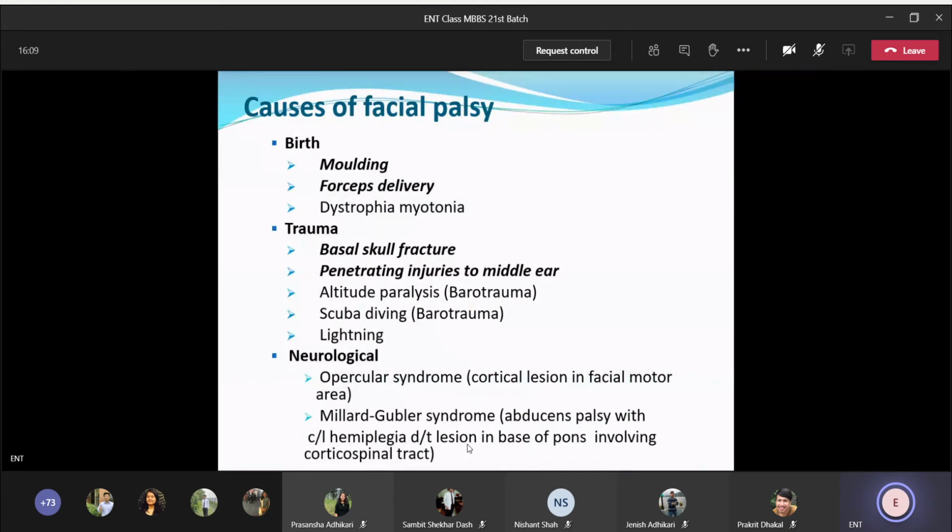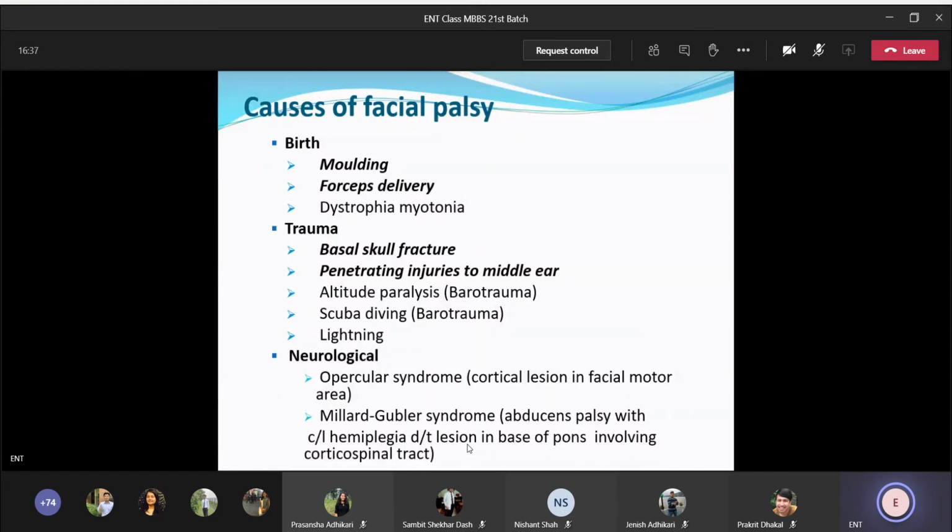Trauma, basal skull trauma, fracture, penetrating injury to the middle ear, like any RTA, road traffic accident, or any penetrating injury, or altitude paralysis, scuba diving, they may cause facial palsy, but in rare instances.